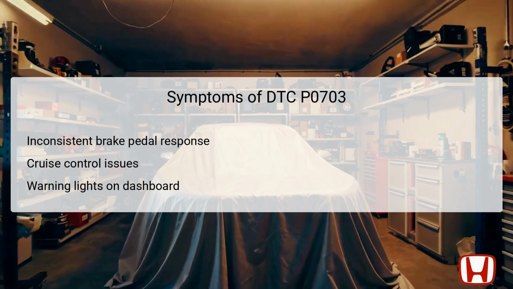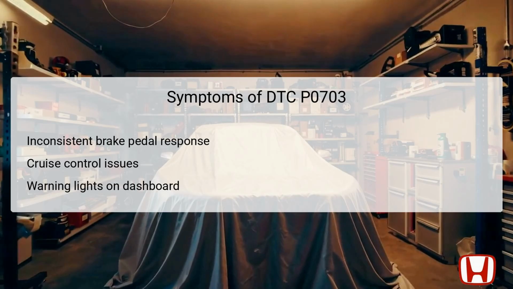The presence of the P0703 trouble code may be accompanied by several symptoms. One key indicator is an inconsistent brake pedal response, which can cause unexpected braking behavior or hesitation. Drivers may also experience issues with the cruise control feature, as it depends on accurate input from the brake system to disengage when needed.